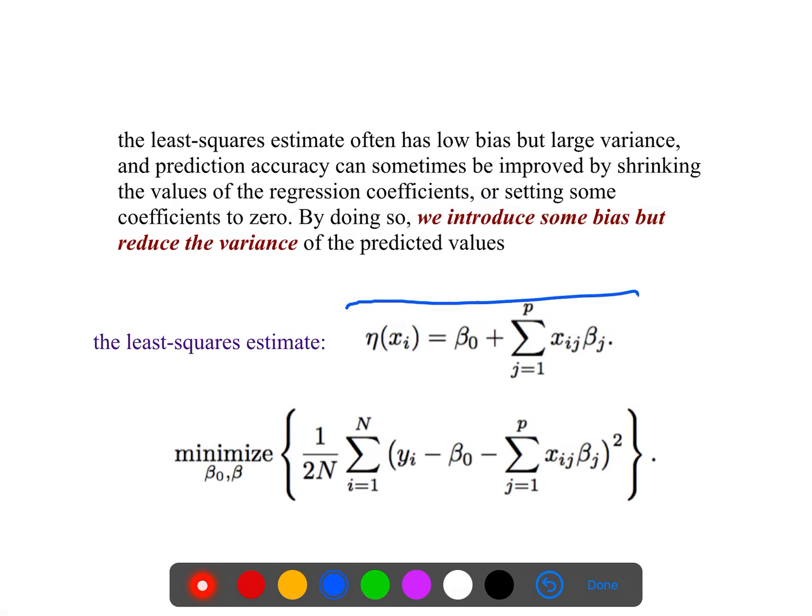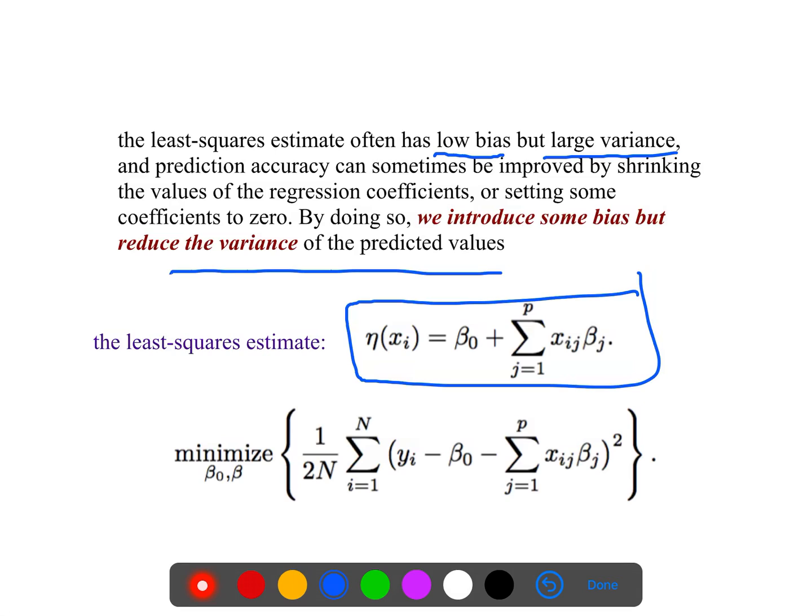So this is the normal least square estimate, and we introduce some bias to reduce the variance of the predicted values. The least square estimate often has low bias but large variance, and prediction accuracy can sometimes be improved by shrinking the values. The reason that we need something like Lasso is because, for example, you have 1 million genes or 100,000 assets.